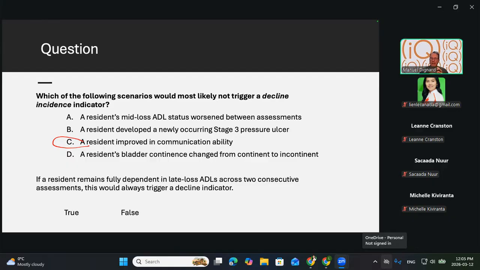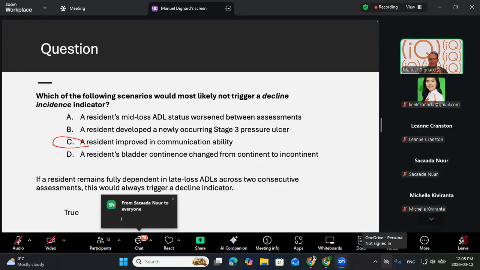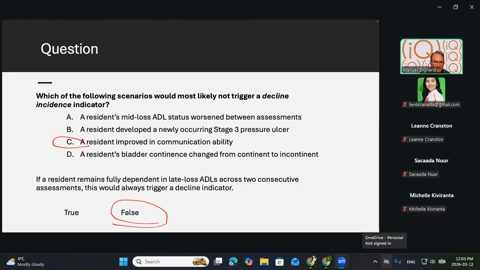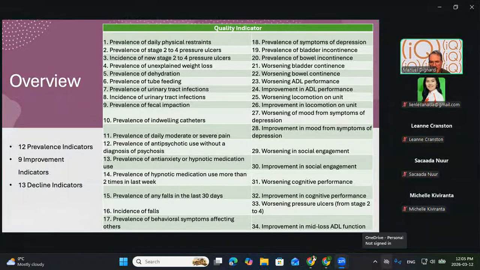If a resident remains fully dependent in late loss ADL across two consecutive assessments, this would not trigger a decline indicator. They reflect worsening or new onset. If the resident's level of dependency is unchanged, it does not constitute a decline.